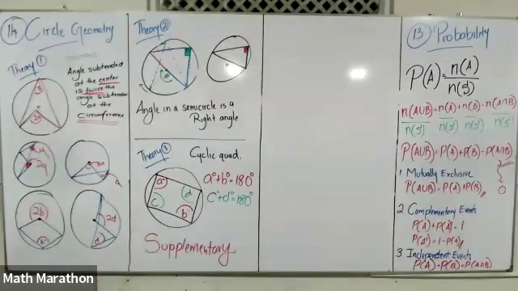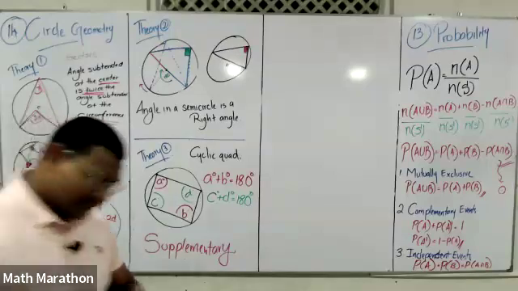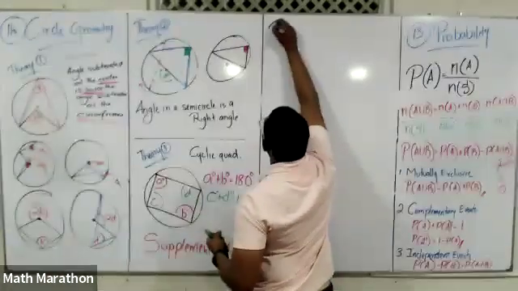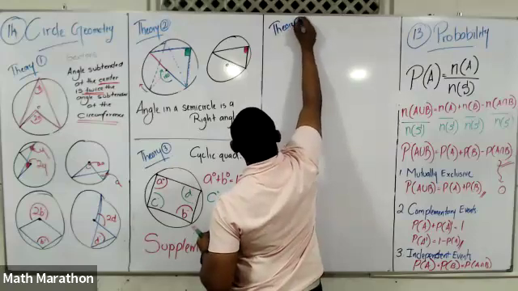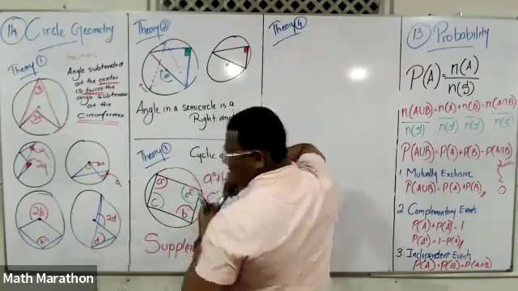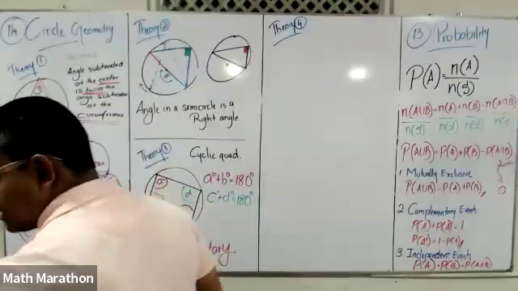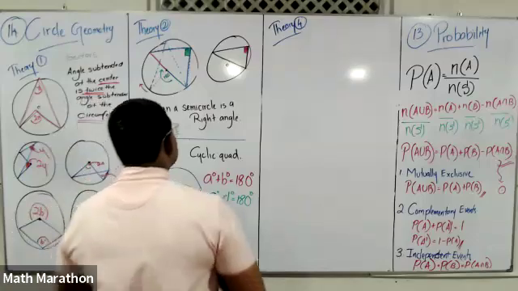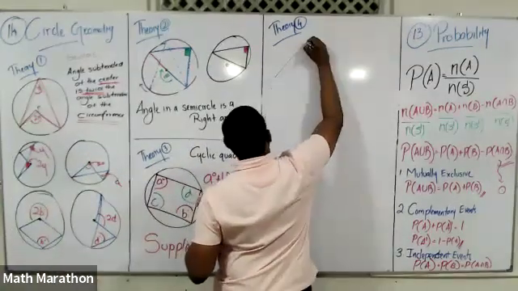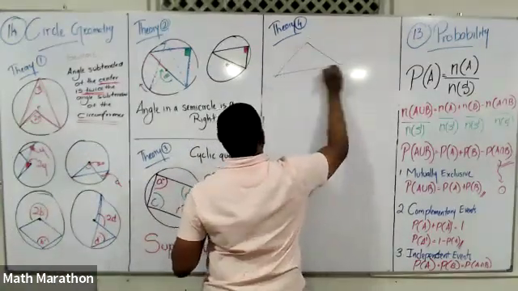Theory number 4. The same thing we studied earlier, but I'm putting this again for you to understand. Now, up to the 14th question, we have used this theory 3 times. That is the importance of this theory. You have a triangle.